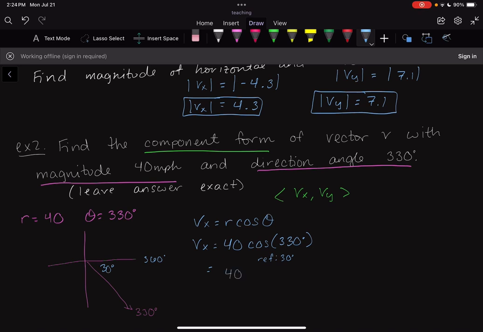And cosine of 30 is square root 3 over 2. And it's positive because it's in quadrant 4. This tells me that my Vx is, the 40 can divide the 2, so I would get 20 square root 3.